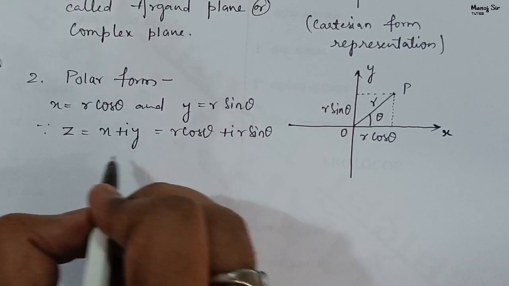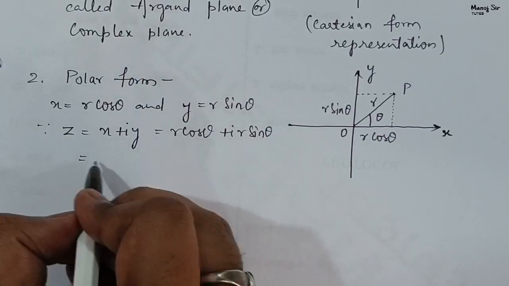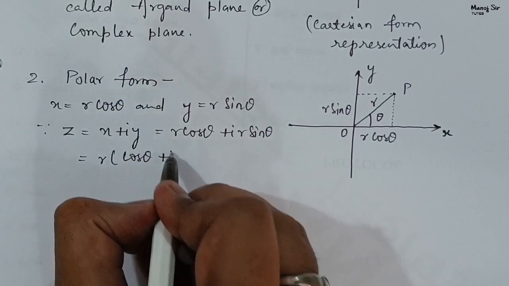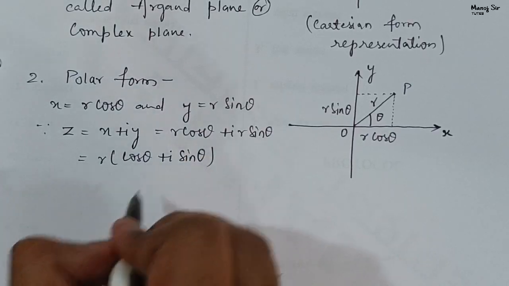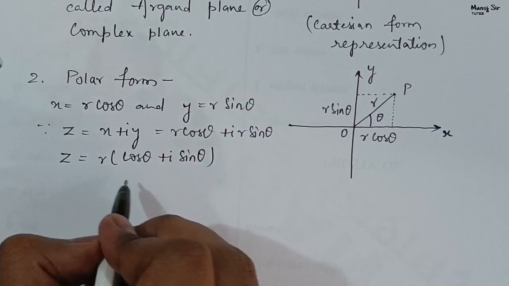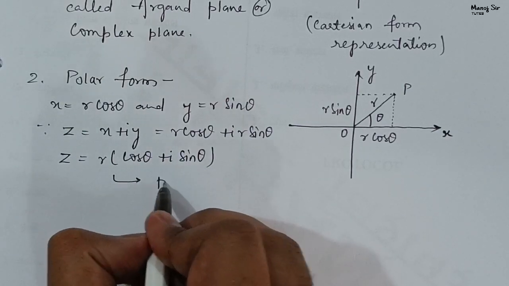Now we can take r common from both the terms, that is r into (cos theta plus i sin theta). This is z, and this is known as the polar form of z.